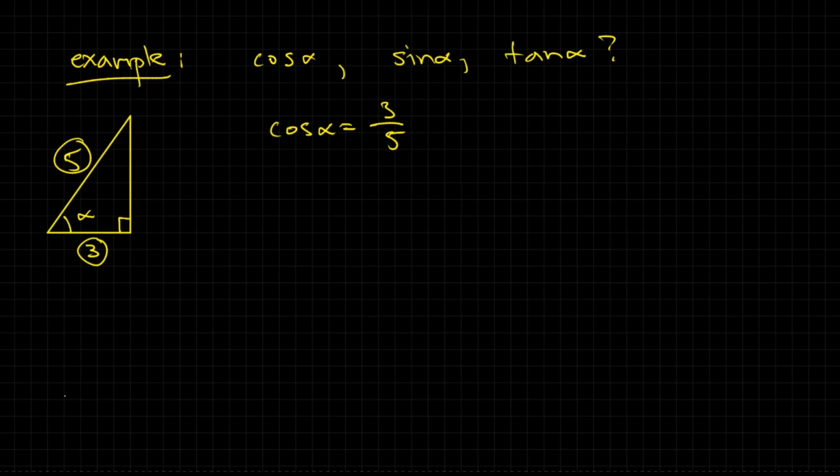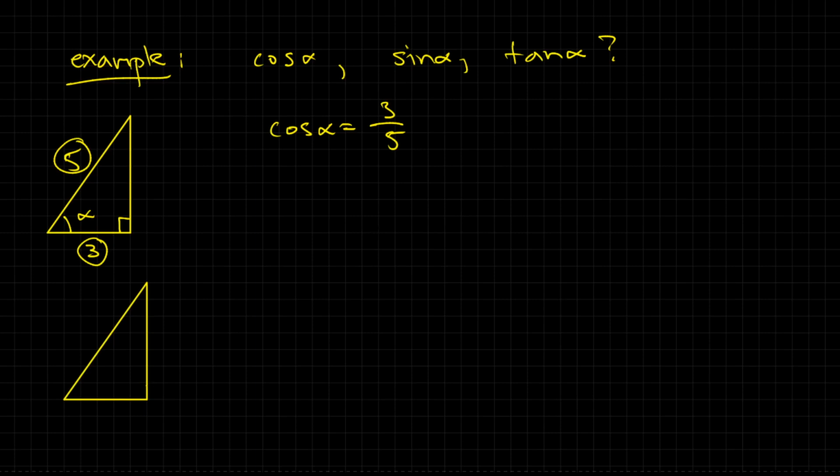Now remember, if you're going to use the Pythagorean theorem, it's extremely important for your triangle to be a right triangle. The Pythagorean theorem is not true if you have a triangle which does not have a right angle.